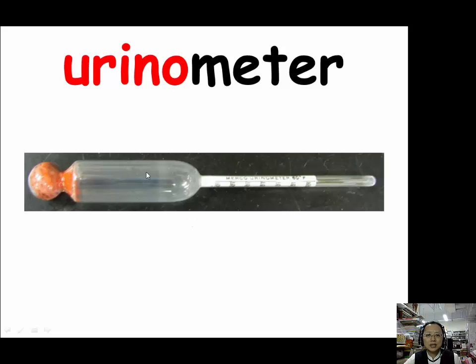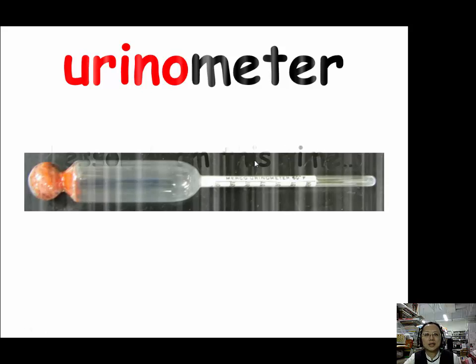We just stick this thing vertically into our urine, and the specific gravity of urine can be read from this part of the urinometer. Then we know whether this person's urine is too dense or too watery.